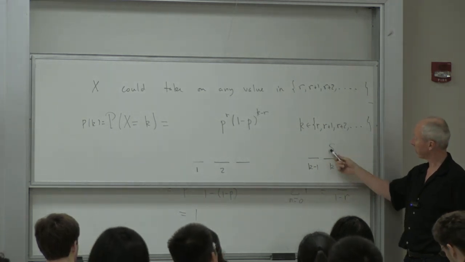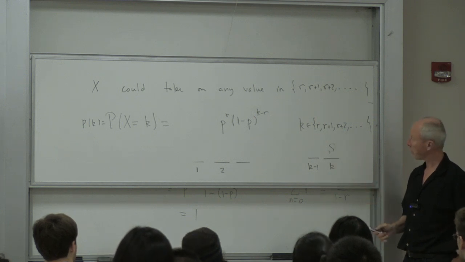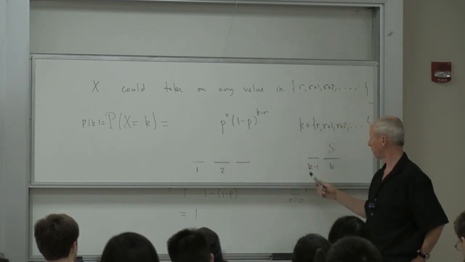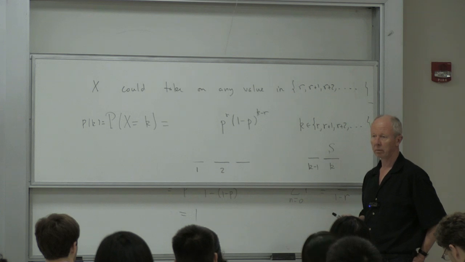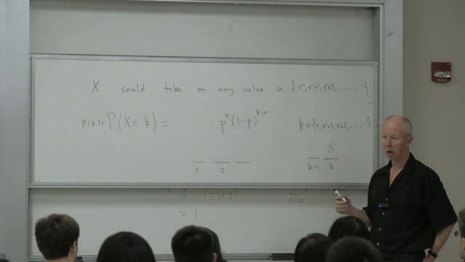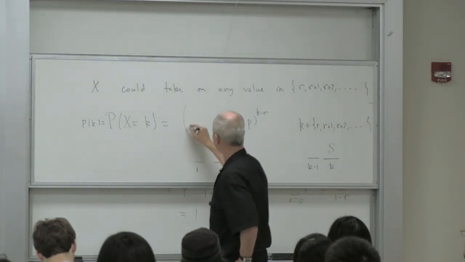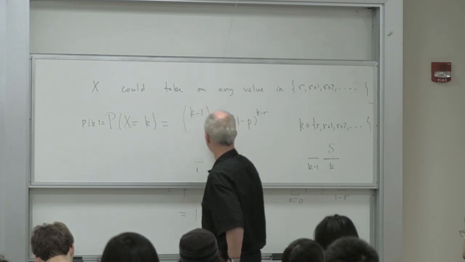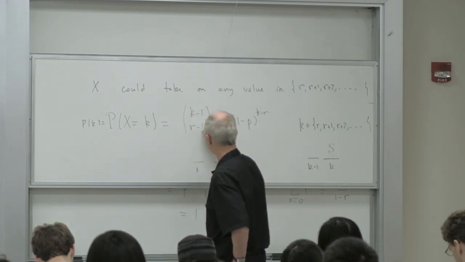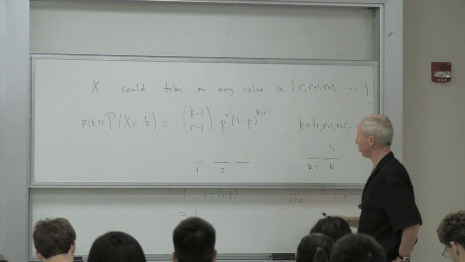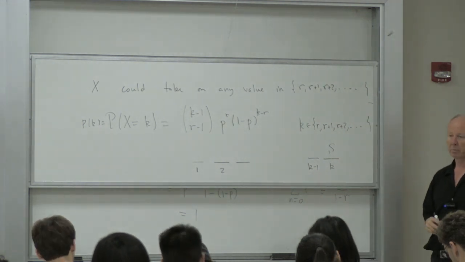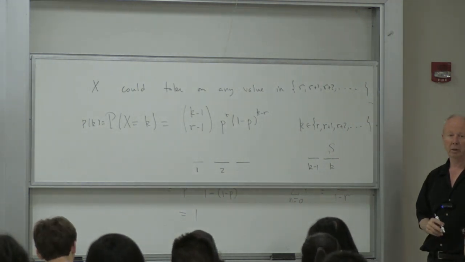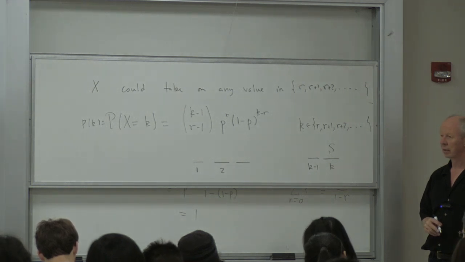Right, that's the one where we got the last success, right? So how many ways are there to put R minus 1 successes in here? You just have to choose R minus 1 positions, I'm sorry, to put the successes from the k minus 1 positions. So that would be the PMF for the negative binomial.